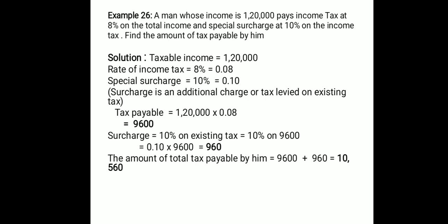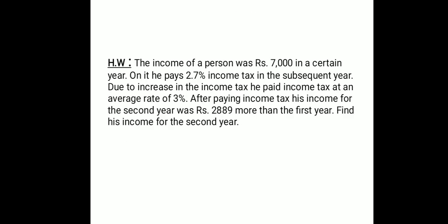Tax payable equals 1,20,000 into 0.08, that is 9,600. Surcharge is 10% on existing tax, 10% of 9,600, that gives you 960 rupees. So the total tax payable by him is 9,600 plus 960 equals 10,560. Okay.